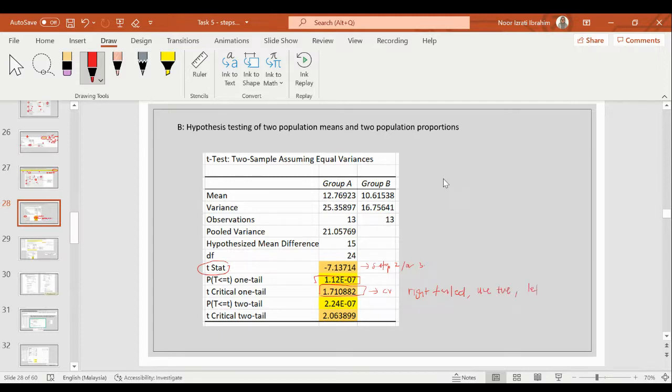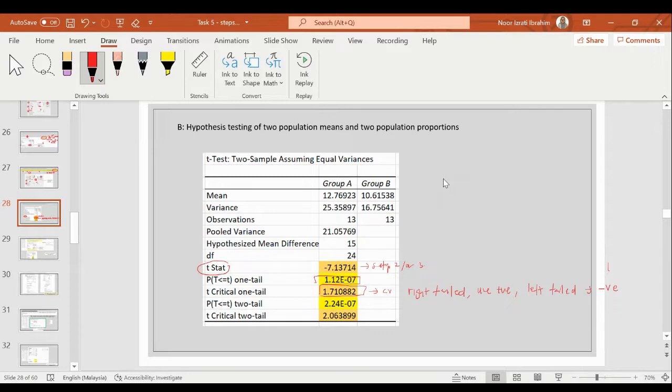But if left tail, you use negative. You just add on negative 1.71 and so on, a negative value. It depends on whether you set the hypothesis testing in step 1 to be a left tail test or a right tail test.